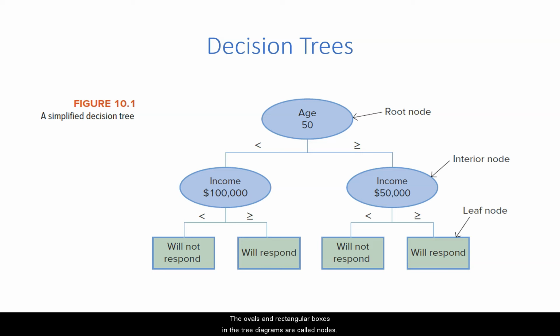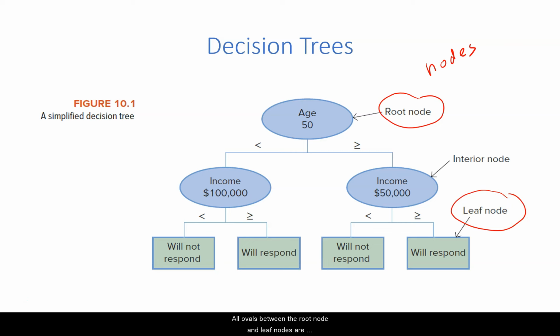The ovals and the rectangular boxes in the tree diagram are called nodes. The single node at the top of the diagram is called the root node, and the rectangular boxes at the bottom of the diagram are called leaf nodes.